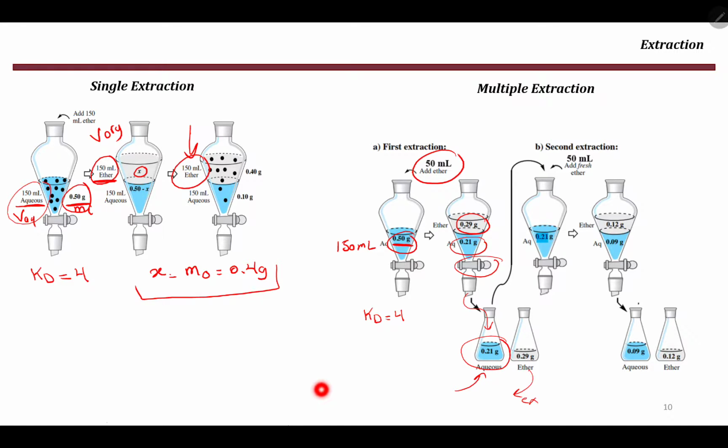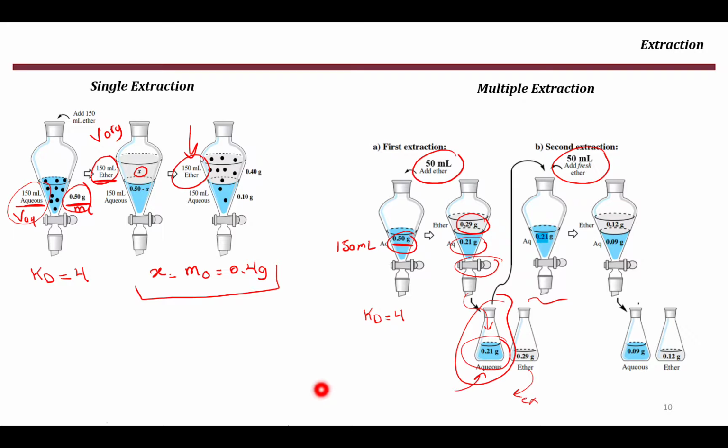This is what is left in the aqueous layer. Remember that our aim is to remove our compound from the aqueous layer, which contains our compound in addition to impurities, into the organic layer. So I'm going to take this Erlenmeyer flask, put it back in the separatory funnel, and add another 50 milliliters of ether, and again do the extraction.